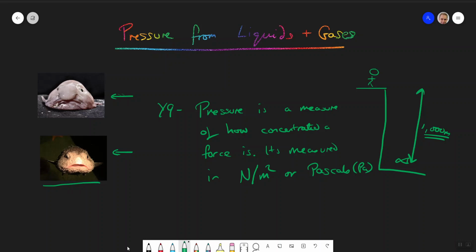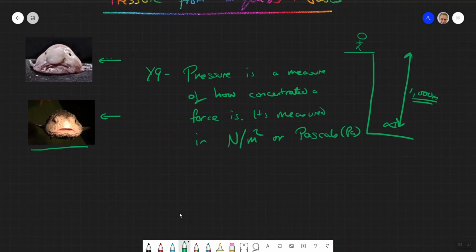Now, as you might remember from year 9, it's quite straightforward to get the pressure at the bottom of a solid. So what you do is you have your object, stick it on a balance to get the mass of it, and then the pressure at the bottom comes from the weight.